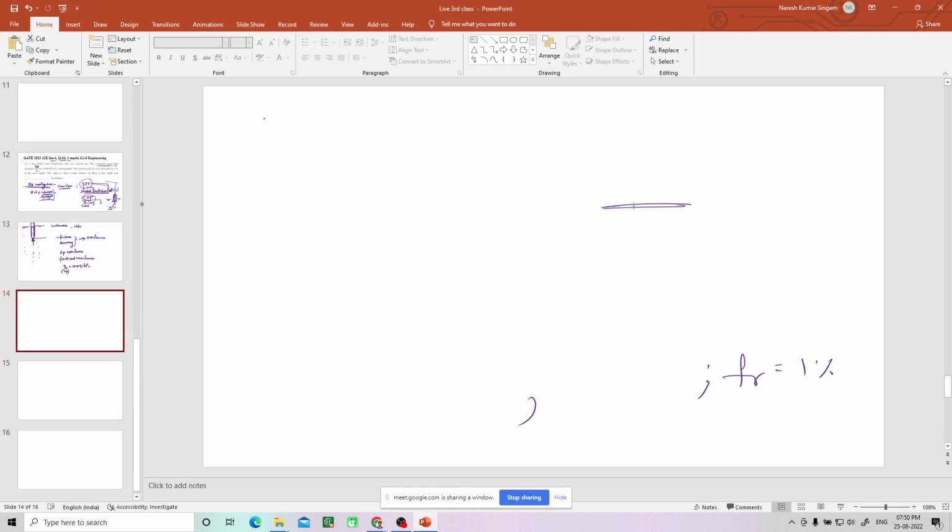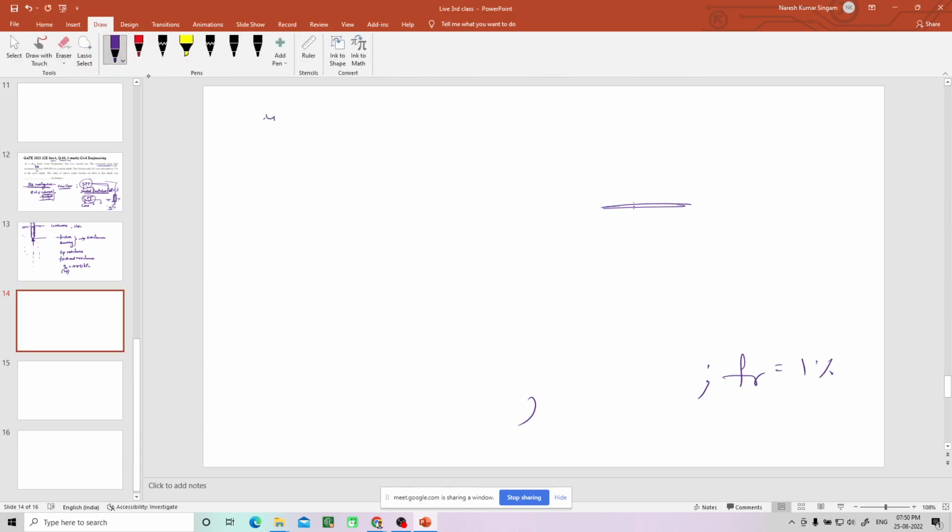So here you should know what is frictional ratio first. Frictional ratio definition is the ratio between the sleeve friction and tip resistance.